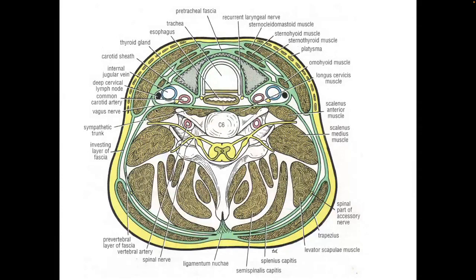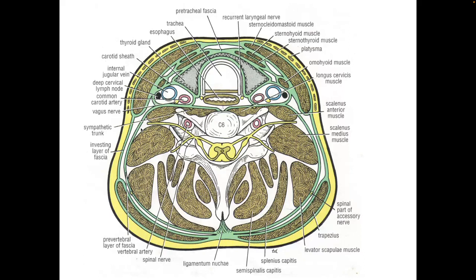If you see the prevertebral layer going laterally, it forms the floor of the posterior triangle. The cervical plexus and the brachial plexus lie behind the prevertebral fascia.